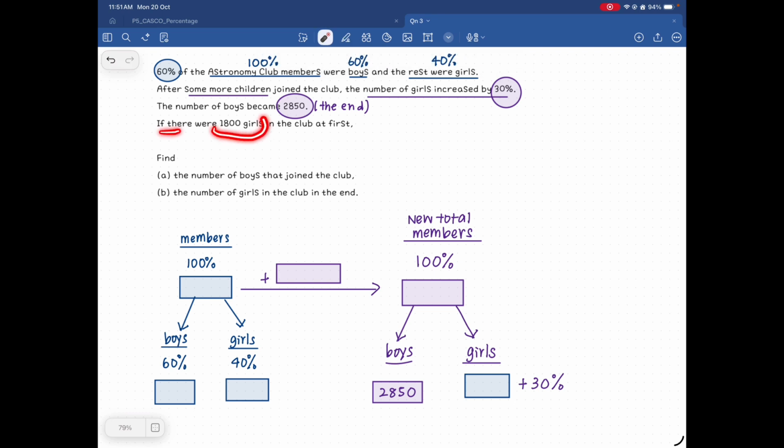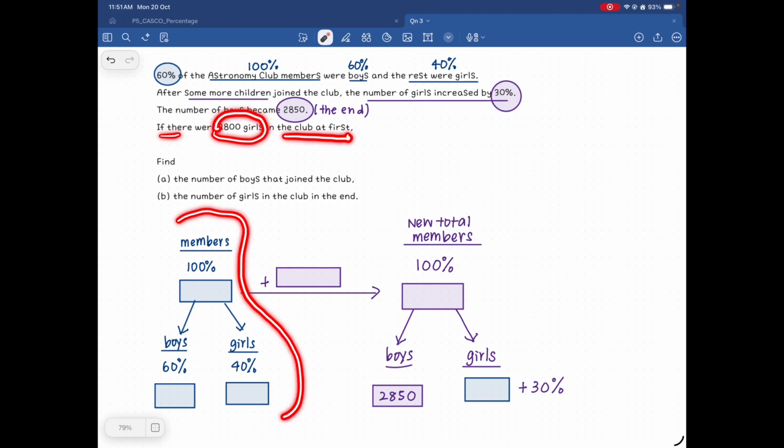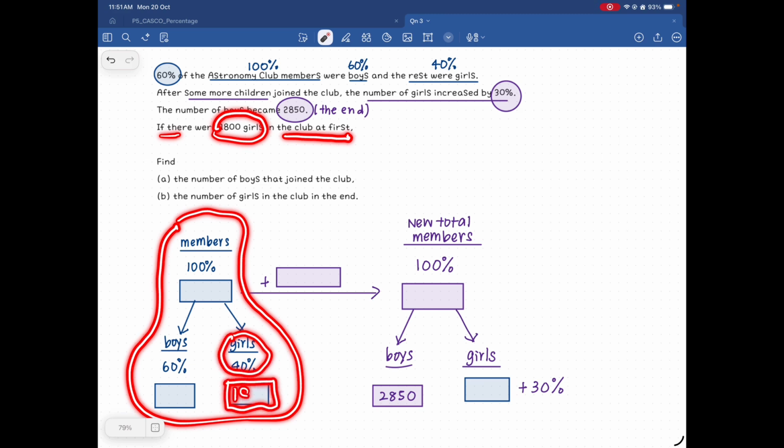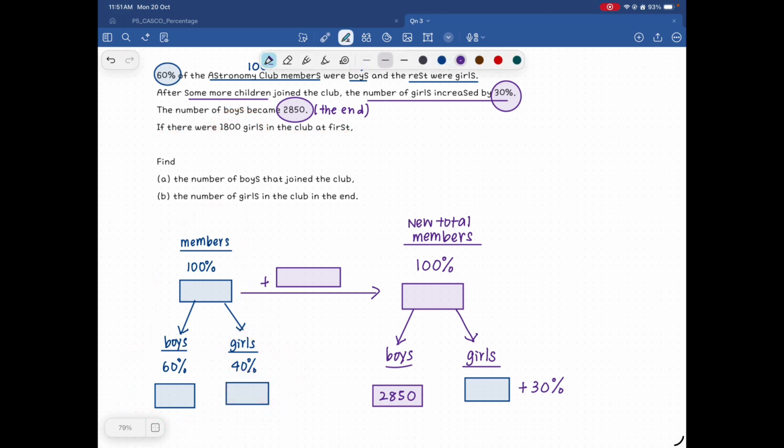If there were 1,800 girls at the club at first, so we know the number of girls at first, and this is the flowchart representing the number of members at first. 40% are girls, and the number is 1,800. Now, we want to find the number of boys that join the club.